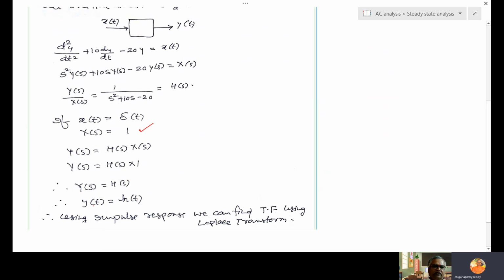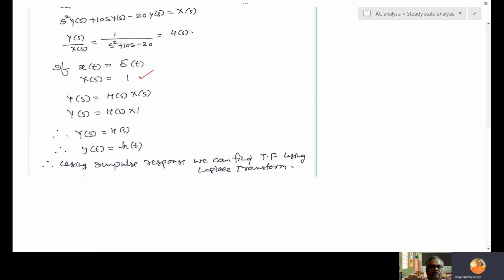So what is the meaning here? Using the impulse response, we find the transfer function. For the system function, just take the impulse response h of t, apply Laplace, and you get H of s. So using the impulse response, we can find the transfer function using the Laplace transform.